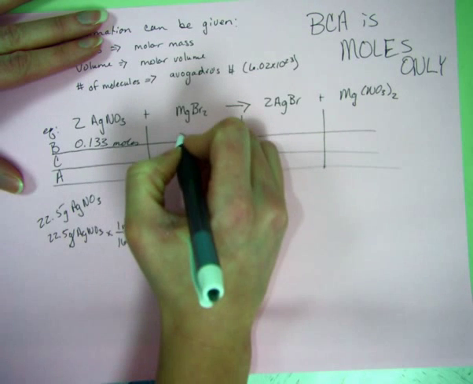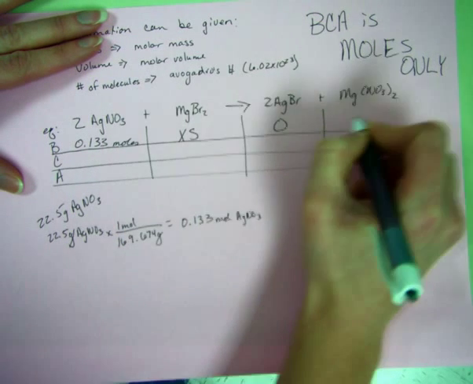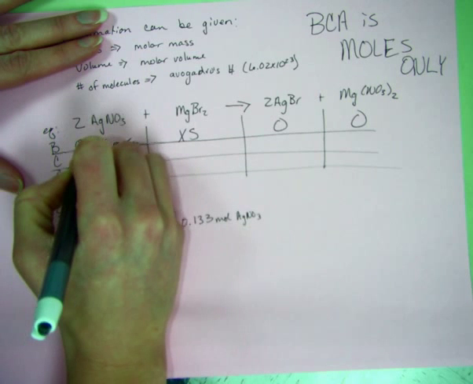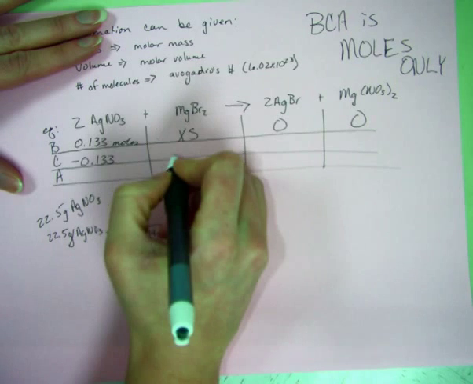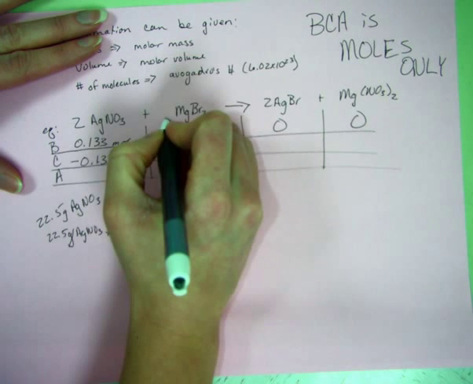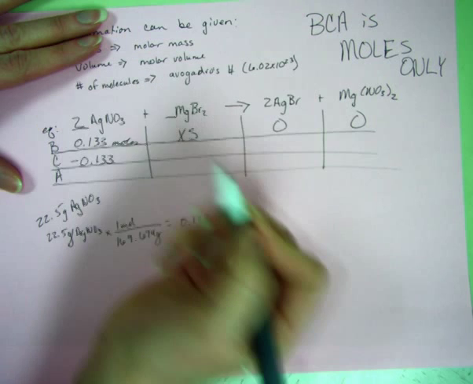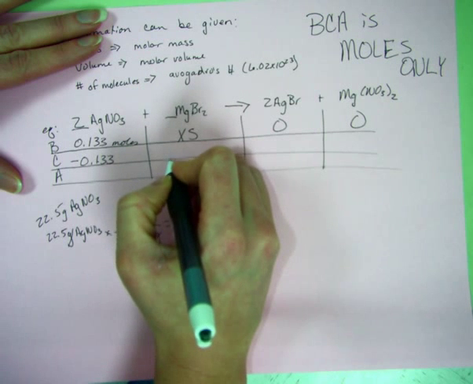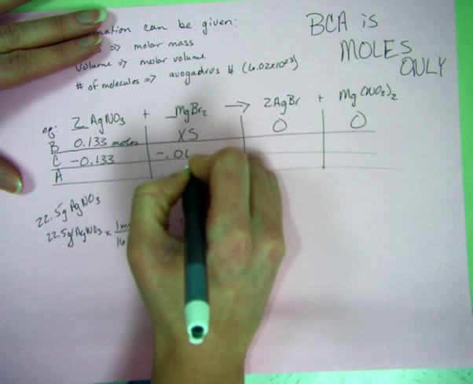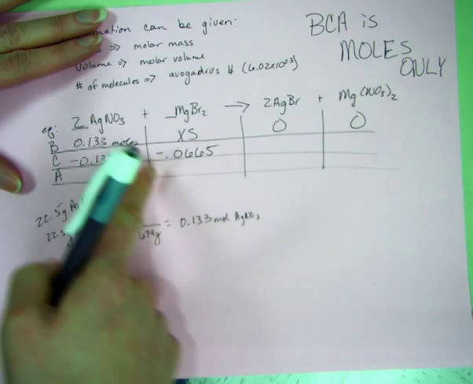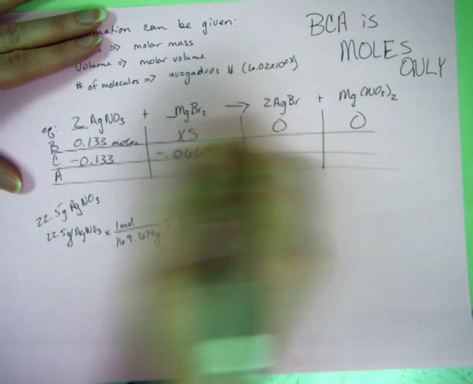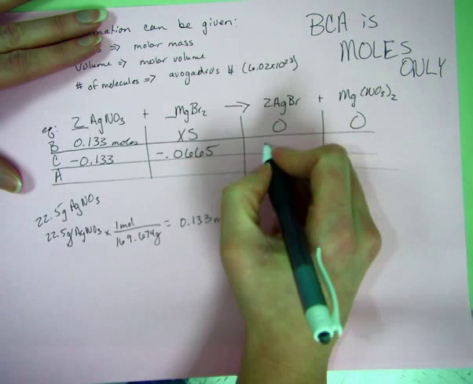We know that this is excess, and we would have 0 and 0. So for our change, we're going to subtract 0.133 moles. To figure out what we're going to do here, we're going to take this times 1 divided by 2, and we come up with 0.0665 moles. We're subtracting it because we're getting rid of it, we're using it.